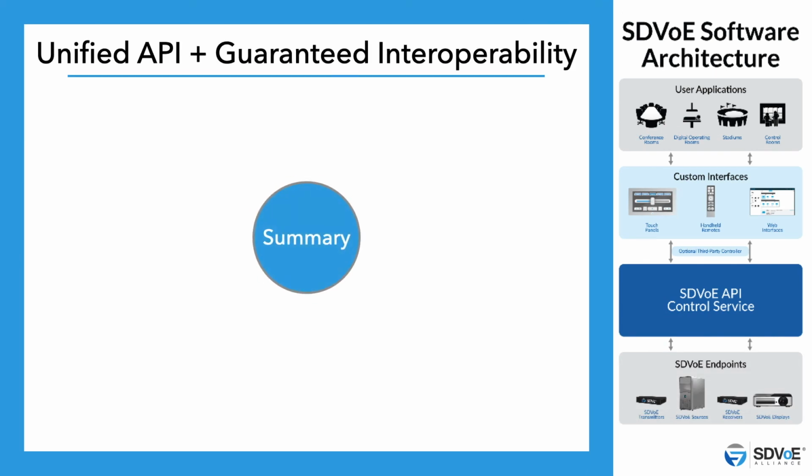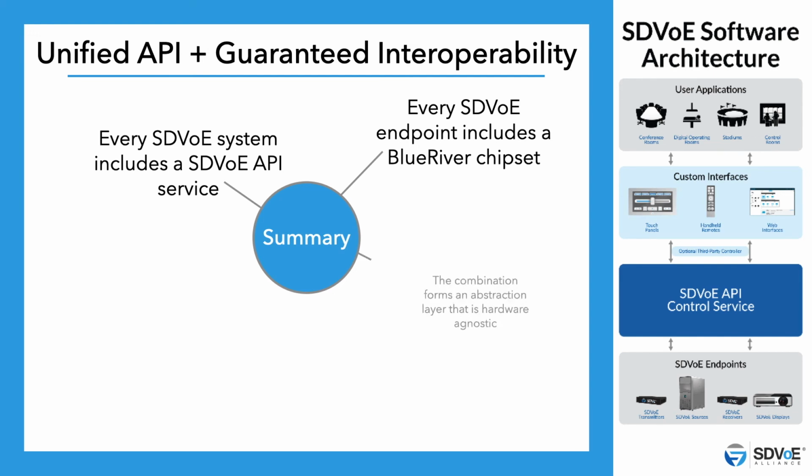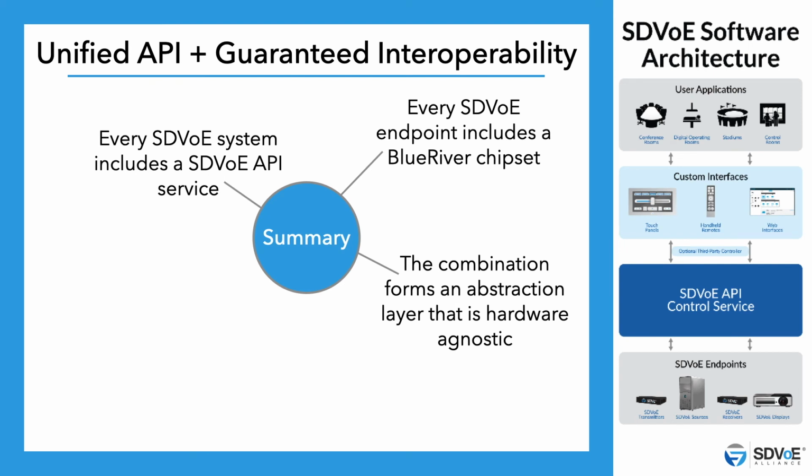So in summary, every SDVoE endpoint includes a Blue River chipset. Every SDVoE system includes an SDVoE API service. The combination of the two forms an abstraction layer that is hardware agnostic.